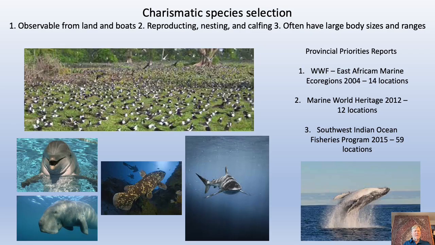Another issue around past studies is that they have typically focused on charismatic species. Much of the work has been based on what you can observe from land or boats. That often results in a focus on reproduction, nesting, and calving. Oftentimes it also focuses on large body sizes and species with large ranges and a lot of overlap with other species.